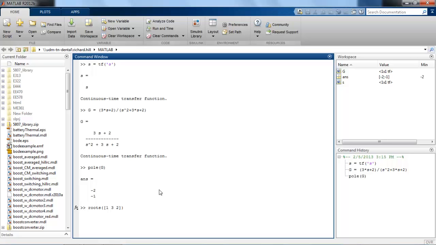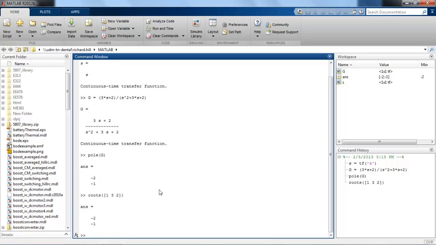If we had any terms that were missing, for example, if we just had s squared plus 2, then the coefficient in front of the s term is simply 0, and we need to include that 0. Hitting enter, again, we get what the roots of the denominator are. Now we will go ahead and show how to use the residue function.